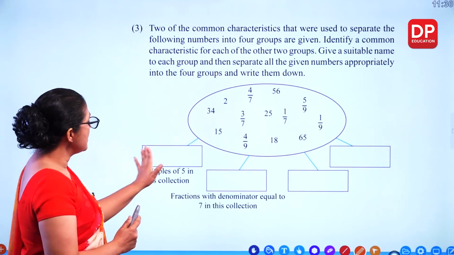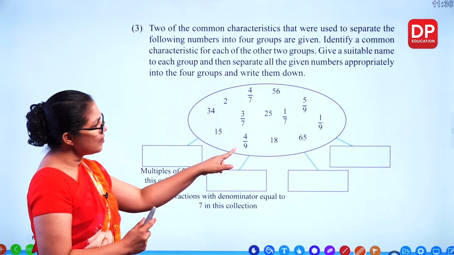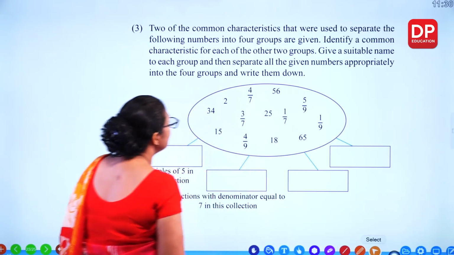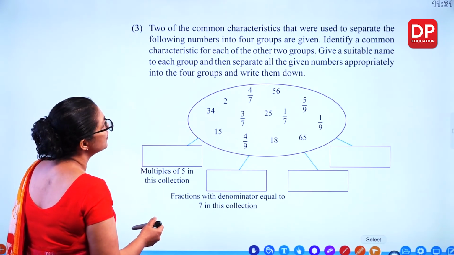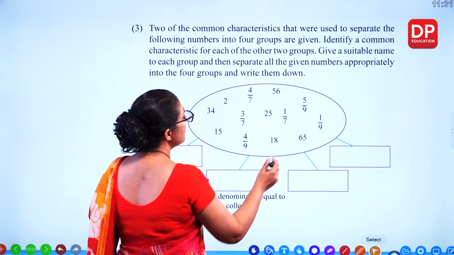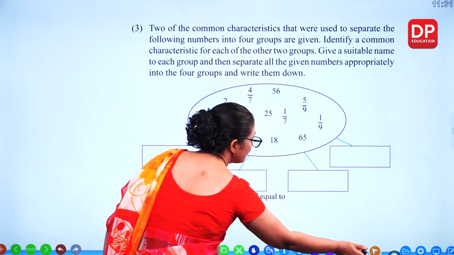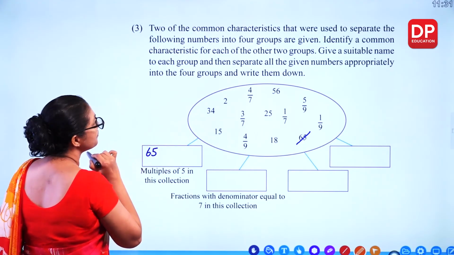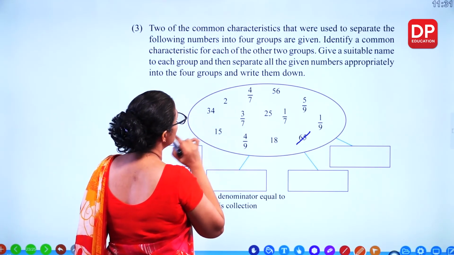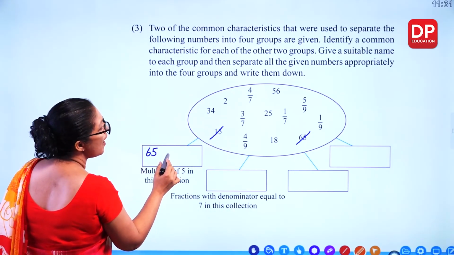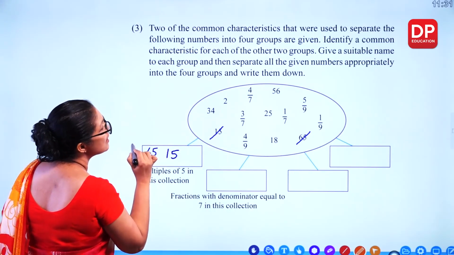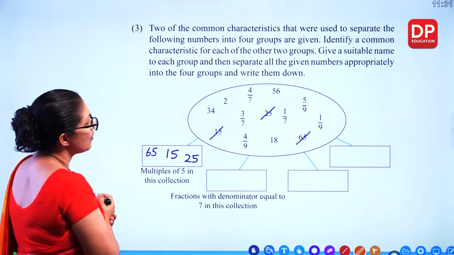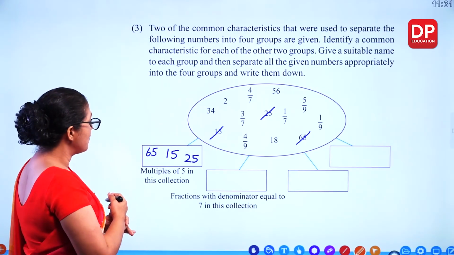So we'll first separate these two and then try to think about what are the other numbers. Multiples of 5. What are the multiples of 5? 65 is a multiple of 5. What else? 15, 65, 15 and 25. Those are the multiples of 5.